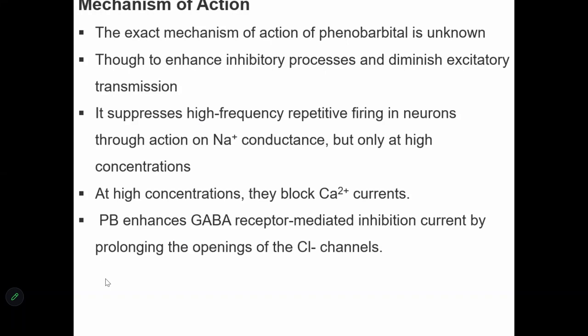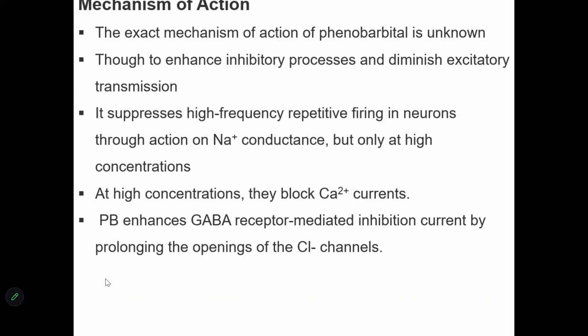But the most important mechanism of action of this drug is that it enhances the GABA receptor mediated inhibition through many mechanisms. It reduces the GABA enzyme actions, allowing GABA to build at the synaptic cleft, or it increases mechanisms that release GABA into the synaptic cleft.